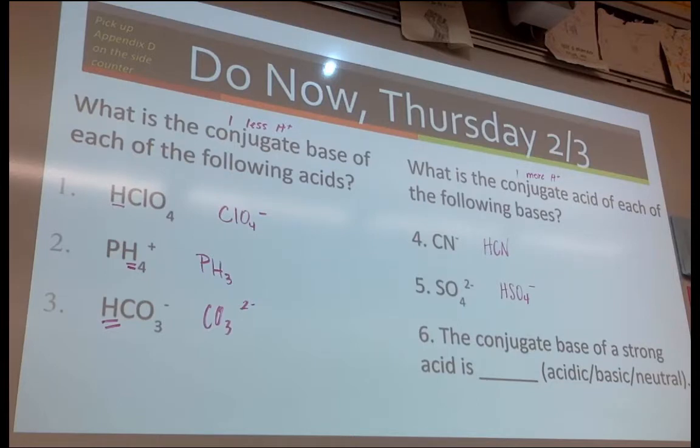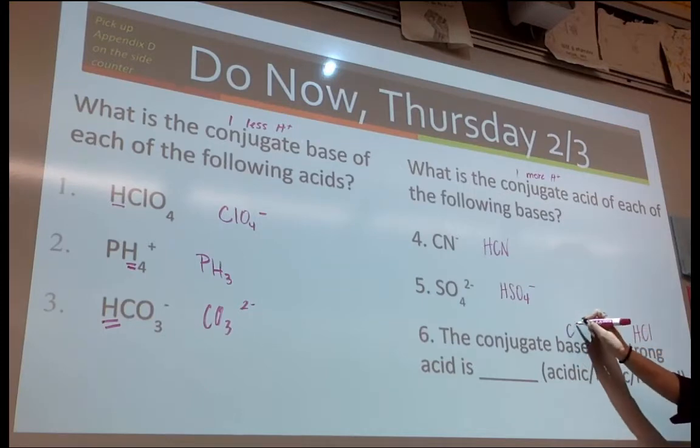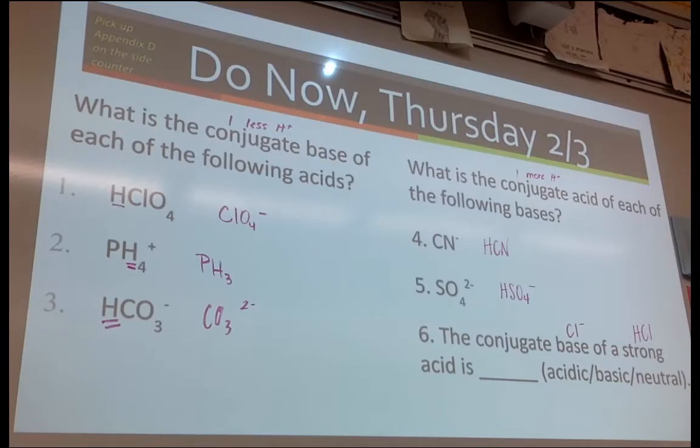And then for number 6, the conjugate base of a strong acid. So let's say we're looking at something like HCl. The conjugate base of HCl, so the base has one less proton, that's Cl-. Yesterday we talked about the pairs that we can have. You can have one of 2 pairs. You can have strong and neutral, or weak and weak.